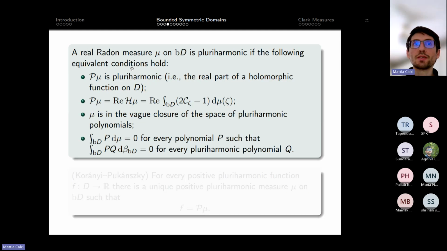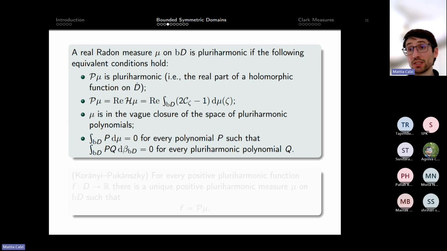And this is a class of measures that I'm going to consider. These are called the pluriharmonic measures. Well, a pluriharmonic function on D is a function which is harmonic on every complex line. And this is the same as saying that it is locally the real part of a holomorphic function.